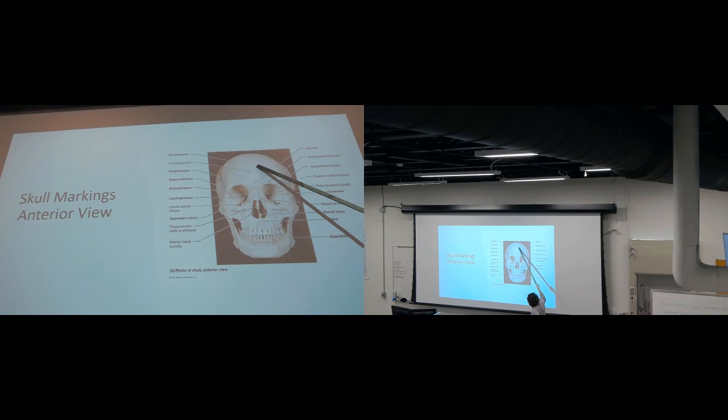And this part of the frontal, the most prominent part, is the squama. Now, for the sphenoid, you can see here this marking that is called the superior orbital fissure.